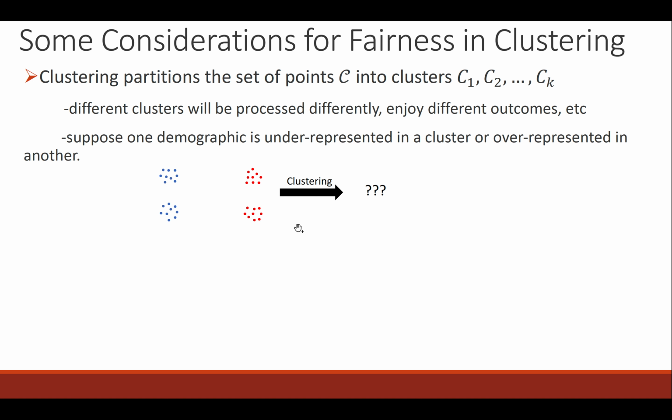Now if we do clustering with k equal to 2, we probably end up with the following clustering, where the cluster C1 consists of entirely the blue demographic, whereas cluster C2 consists entirely of the red demographic. Now clearly any post-processing over the clusters might lead to whatever happens to C2 may not happen to C1 and vice versa. And since C2 is entirely red and C1 is entirely blue, then the demographics are not likely to enjoy the same outcome, and this might violate a notion of fairness.